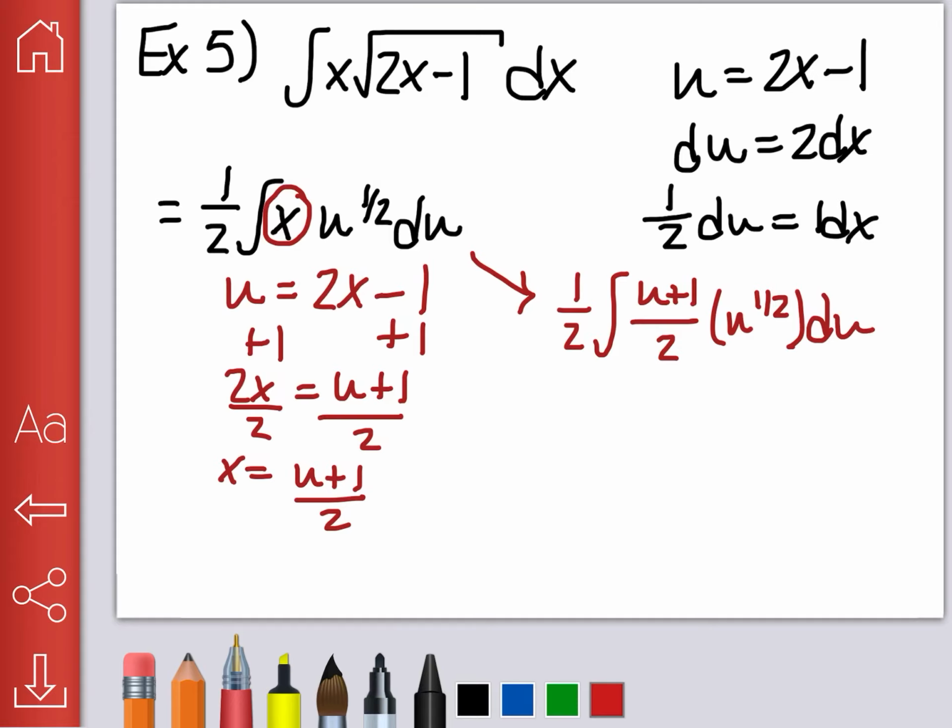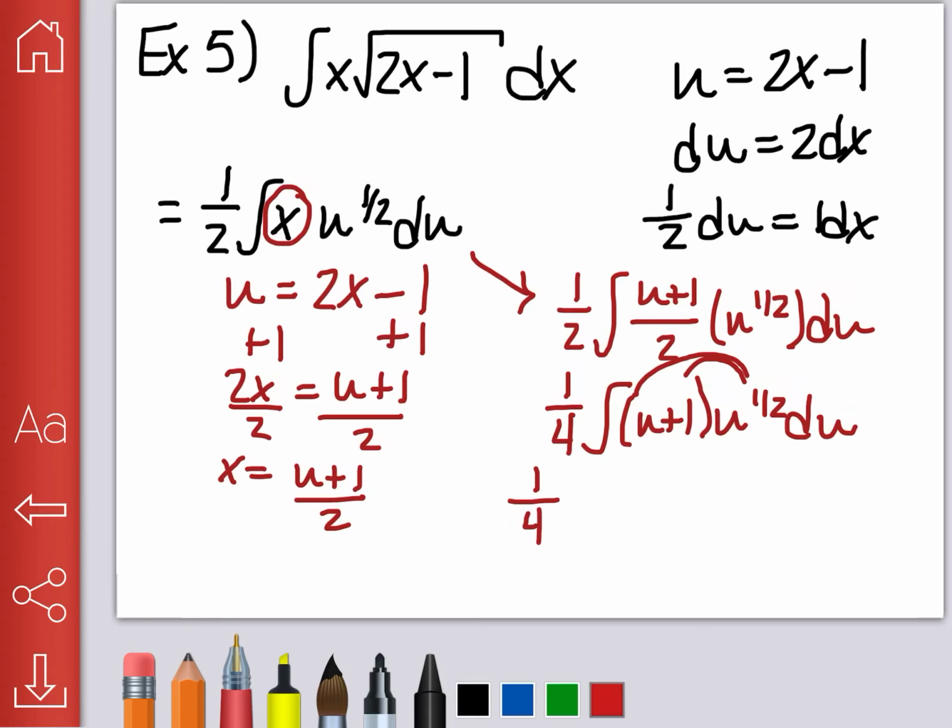Now this is like u plus 1 times 1/2 because it's all over 2. So what I'm going to do is say that this is 1/4 times u plus 1 times u to the 1/2 du, just to make it a little bit simpler on myself. Now what I'm going to do is distribute the u to the 1/2 to both of these terms because I cannot integrate without doing that.